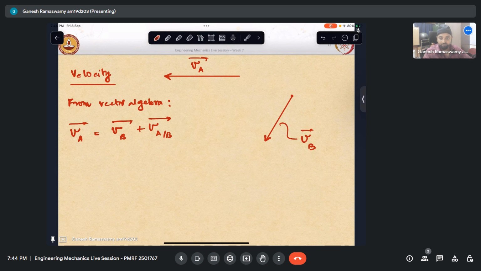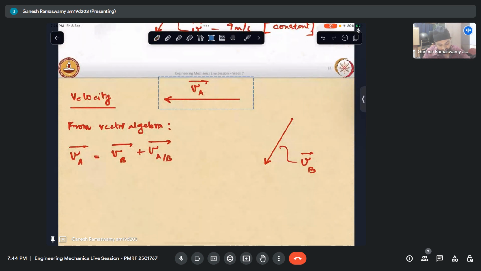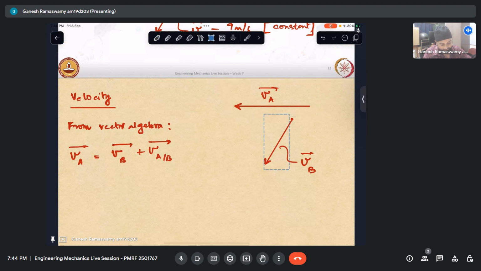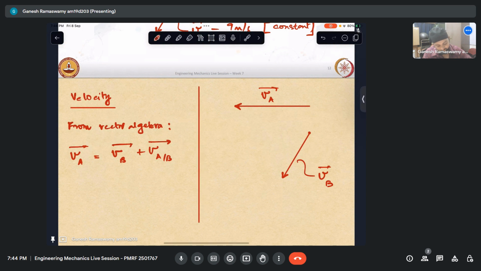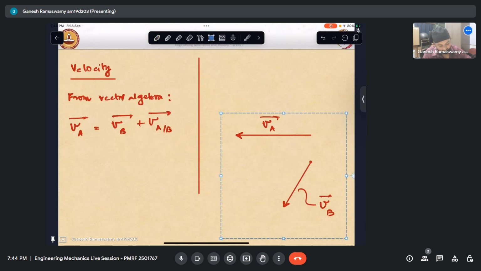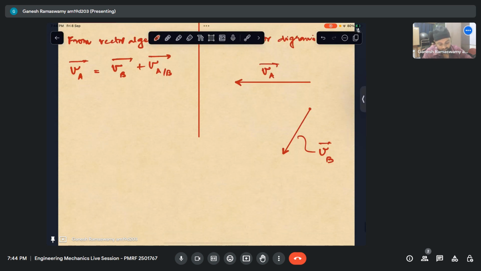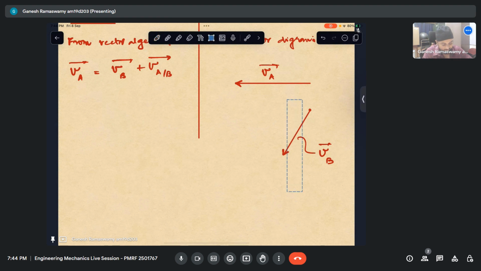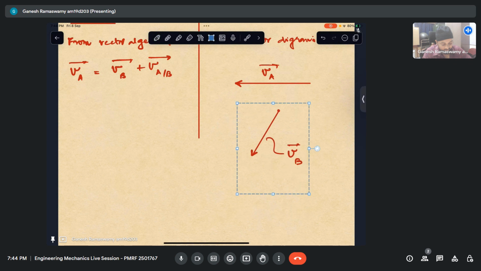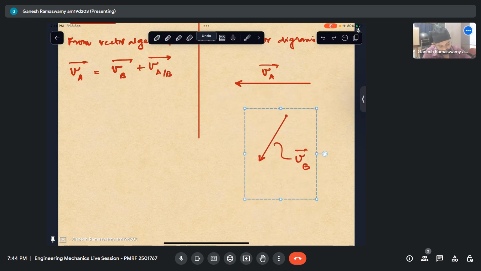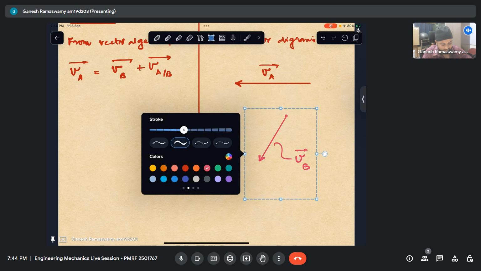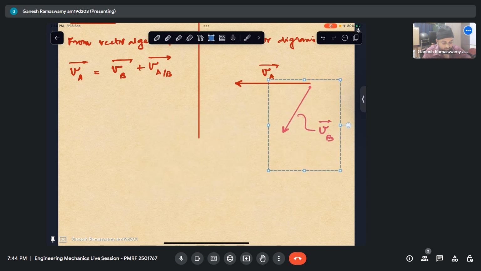Now let us look at this graphically. What I mean to say is that, let me put it in some other color, when I add VB to some vector, it takes me to VA.